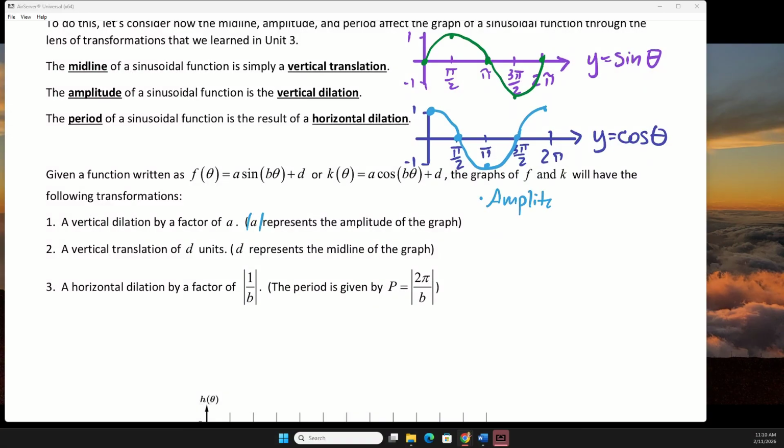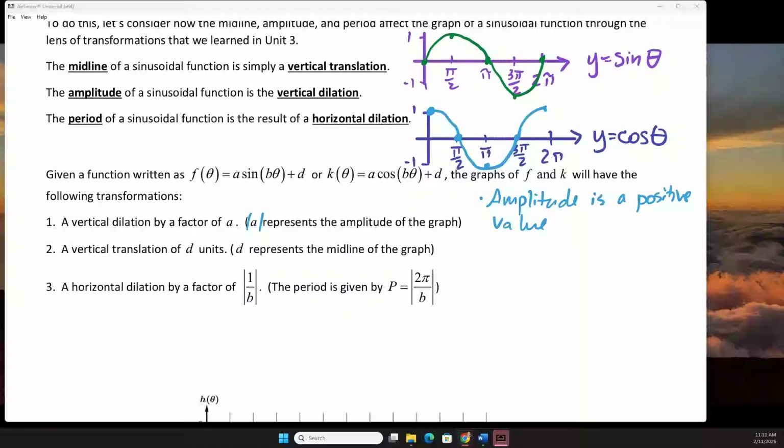So the amplitude is a positive value. Now A is not always positive, but if this was like -2 sine whatever, you would say the amplitude is 2. The amplitude is always the absolute value of A.